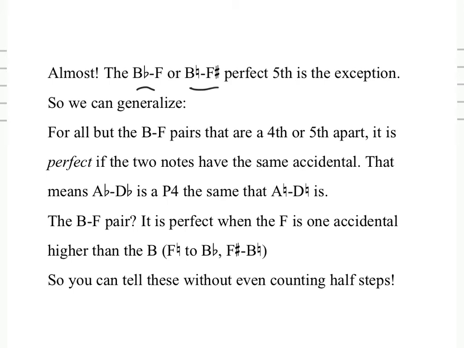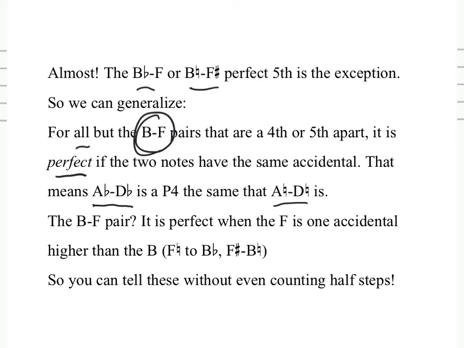So we can generalize for all but the B and F pairs that are a fourth or a fifth apart, it's perfect if the two notes have the same accidental. So that means that A flat to D flat is a perfect fourth, the same way that A natural to D natural is. We talked in the last video about moving both notes the same interval.